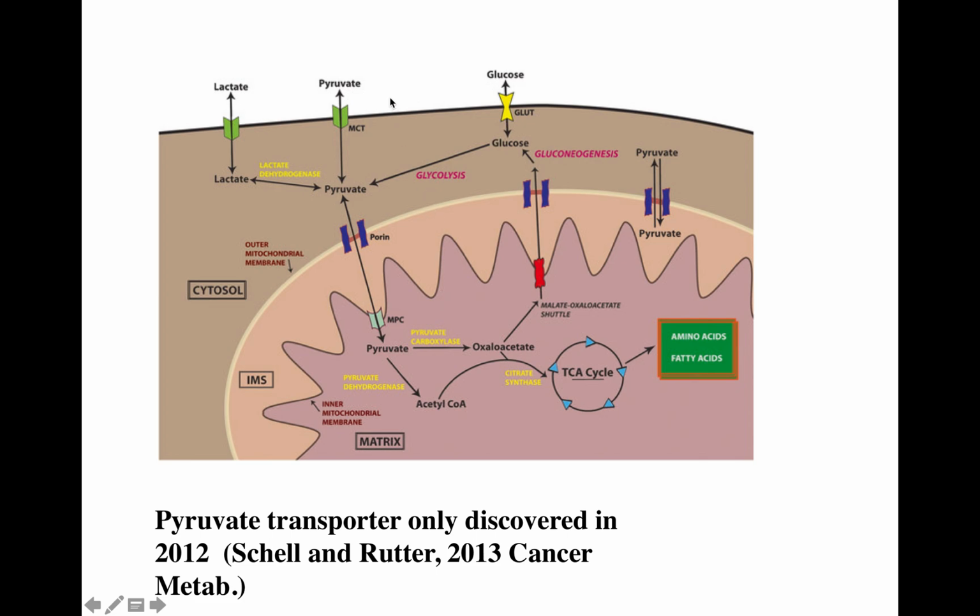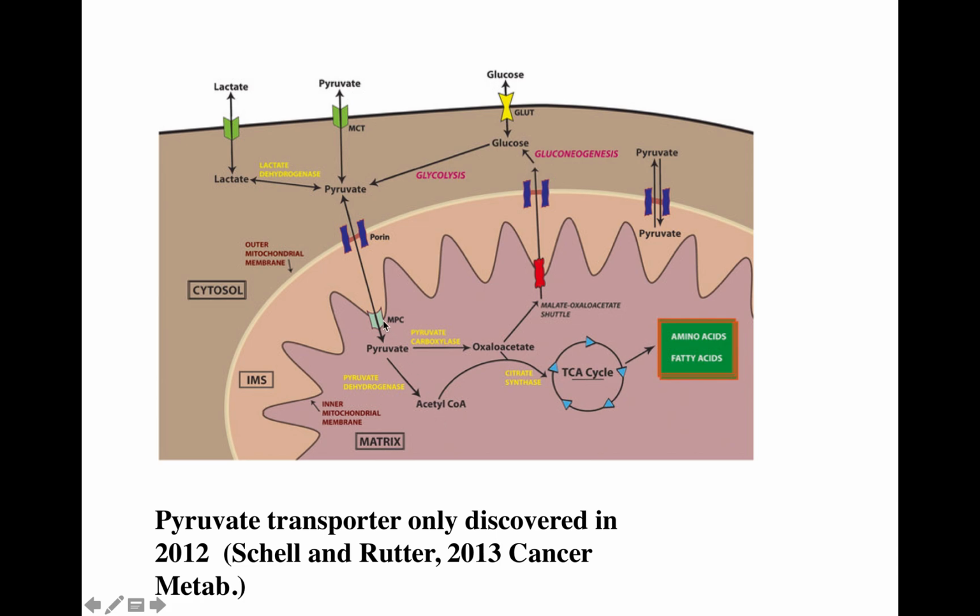Pyruvate, as we've said multiple times now, has to get from the end of glycolysis out here in the cytoplasm and then through the outer membrane and through the inner membrane to arrive at the matrix, where pyruvate dehydrogenase is going to convert it into acetyl-CoA.